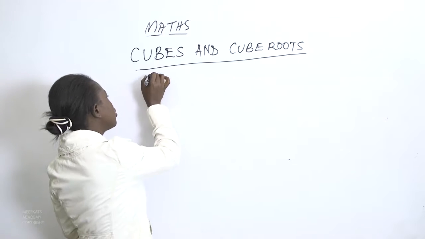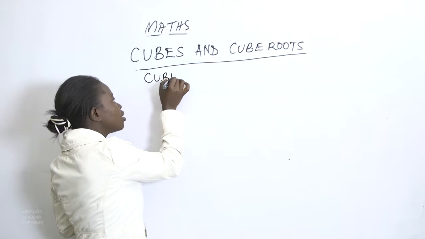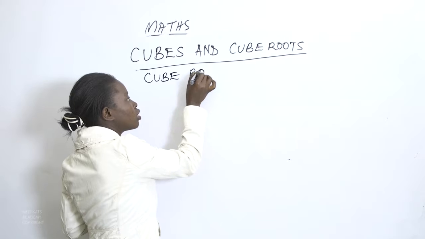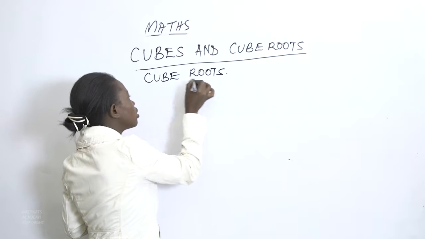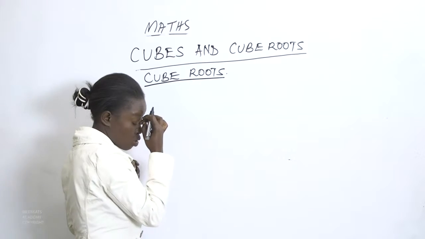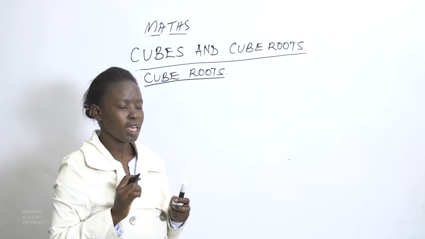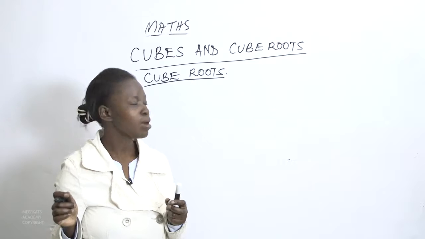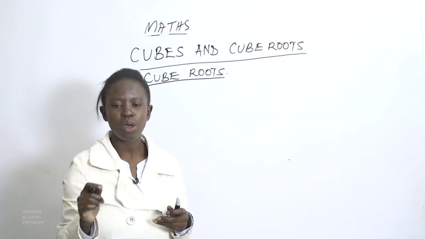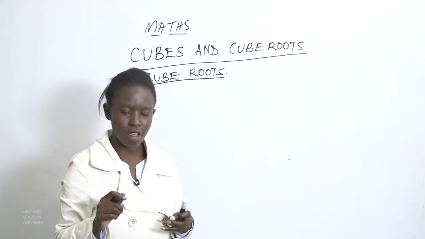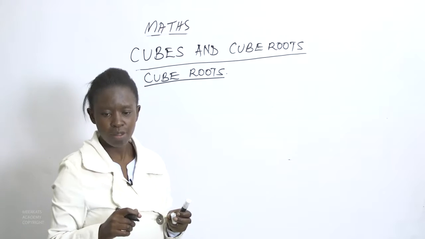So next we need to get the cube roots. We started by defining what a cube is, and we said that a cube is that number that is obtained when you multiply a number by itself repeatedly 3 times.